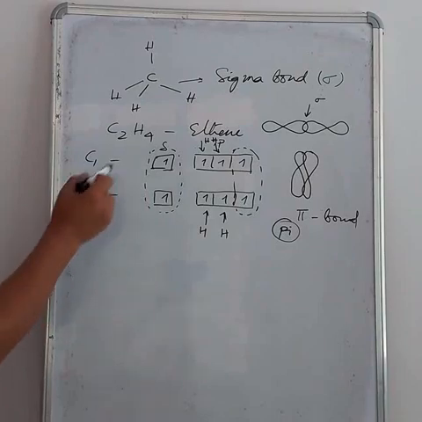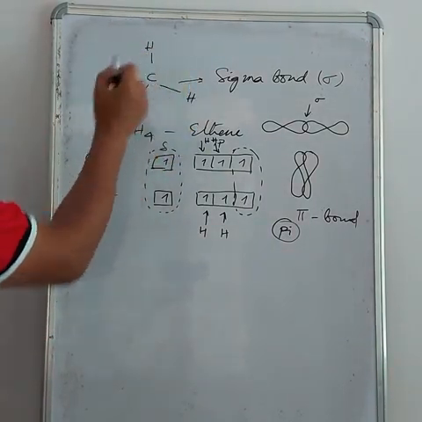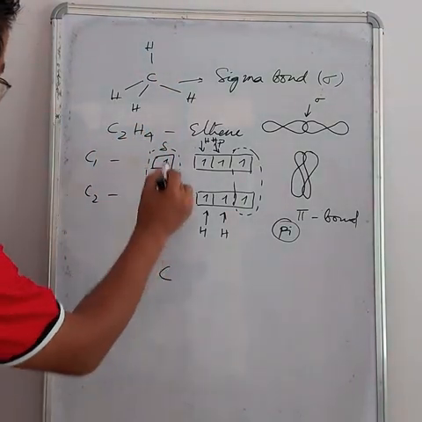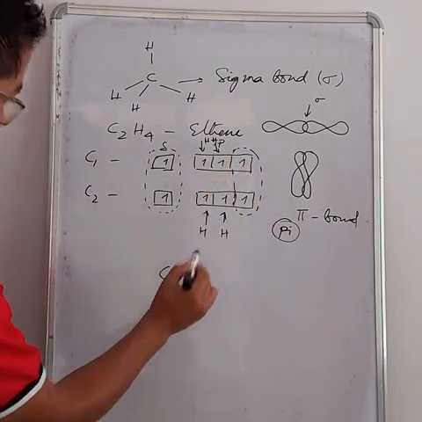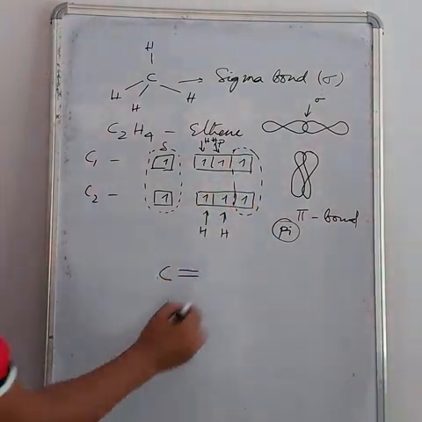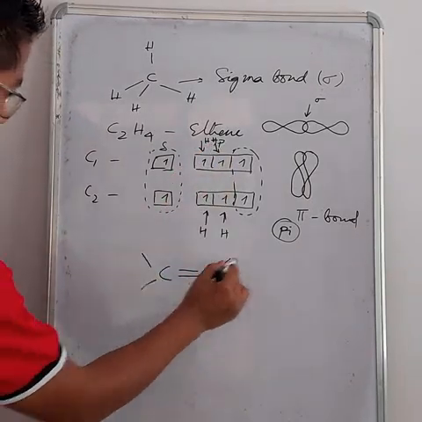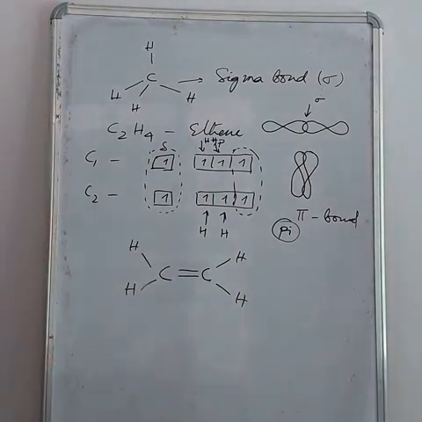Now, if we represent the structure of ethene, these two will give us a single bond. This overlap will give us the next bond between the two carbons, and then the two hydrogens will be symmetrically placed on each of the carbon atoms.